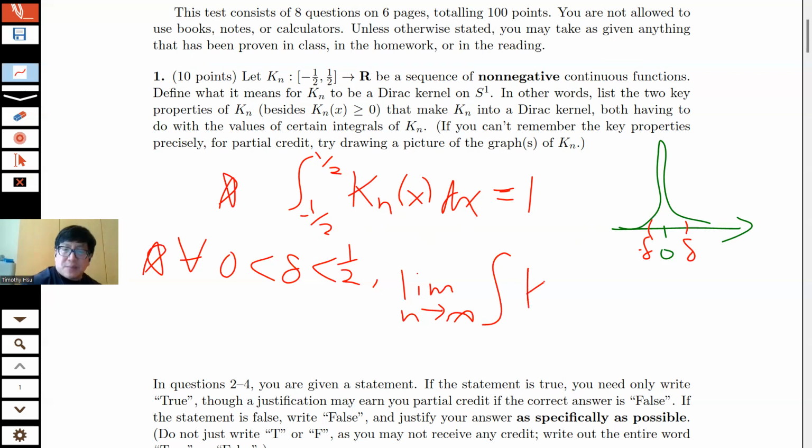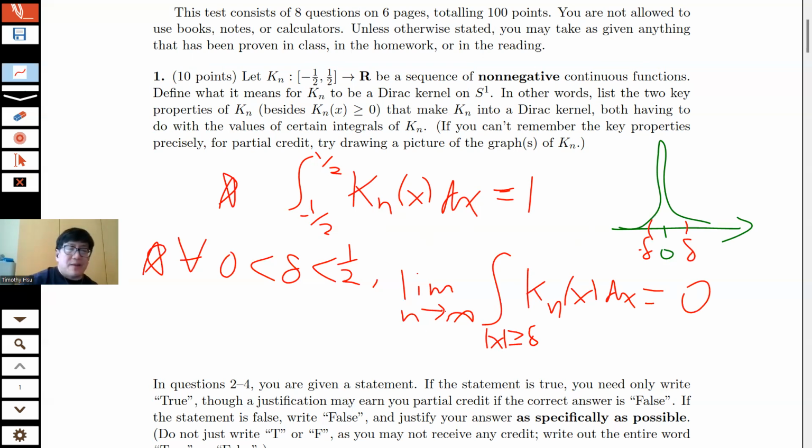So it's the part of the integral of K with respect to x that is outside that interval. In other words, where the absolute value of x is greater than or equal to delta, goes to 0.